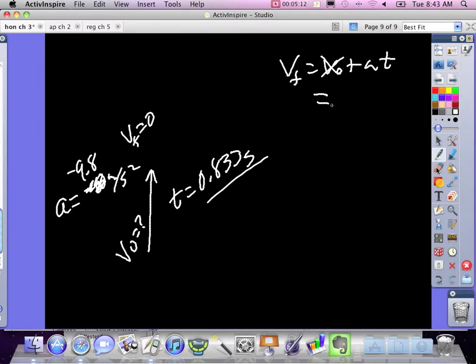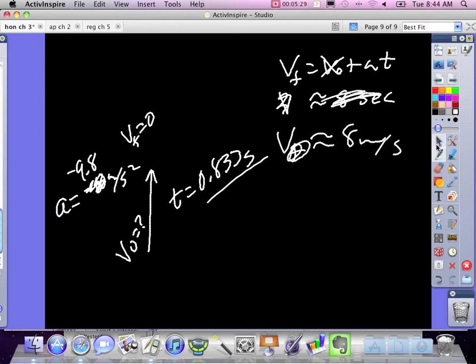Okay, I'm going to say this is around 8 meters per second. That's V initial.